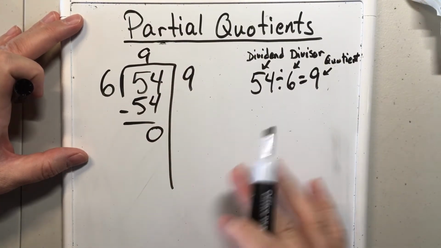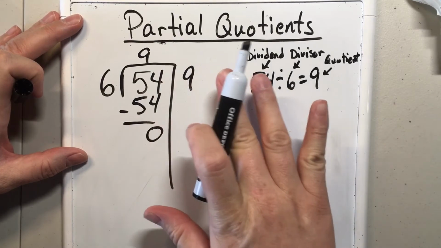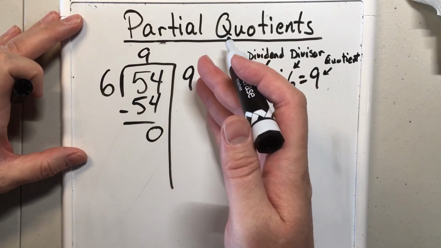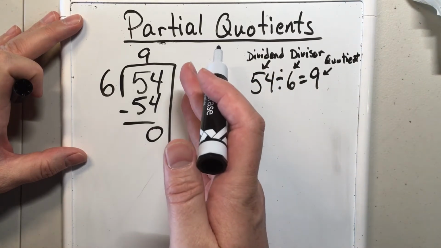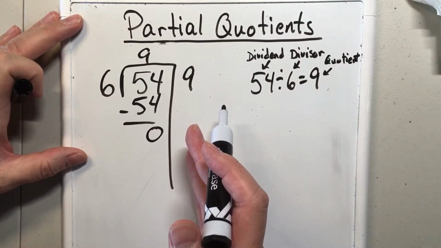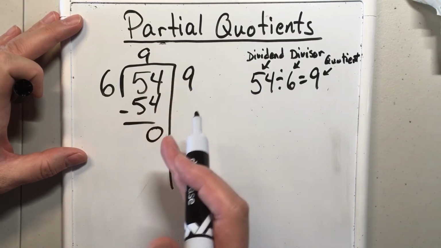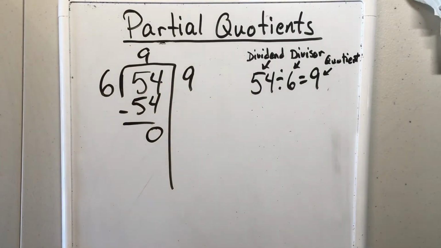Okay? The thing that's cool about partial quotients is that you just use different multiplication basic facts that you're aware of to get to the actual answer.